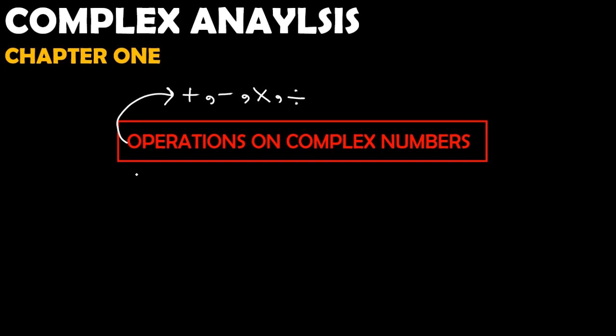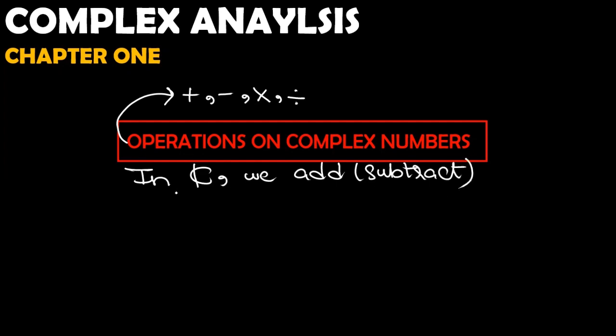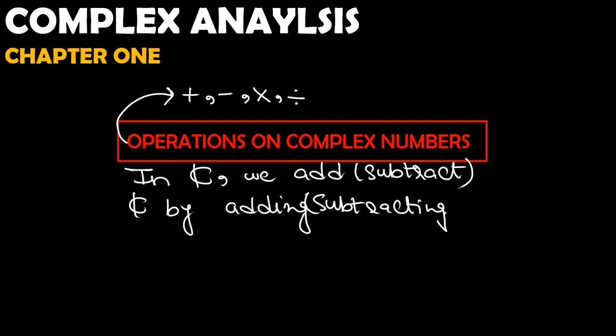In complex numbers, we add or subtract by adding or subtracting the real part with the real part, and the imaginary part with the imaginary part.